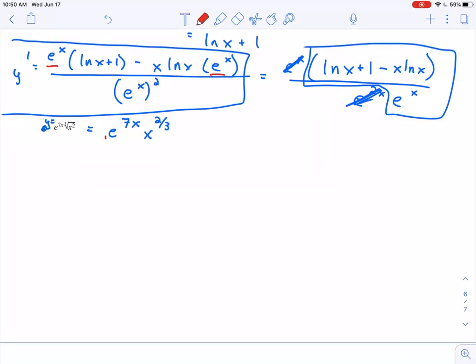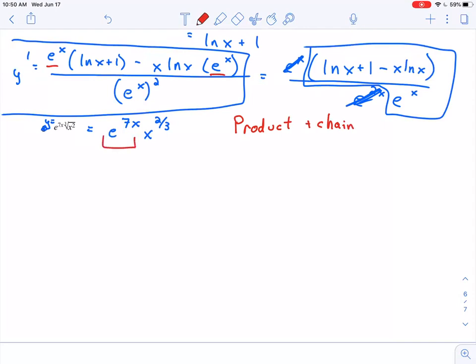That is definitely going to be a product rule. And then e to the 7x, when I look at that power, I notice it's a 7x. That's going to require the chain rule here.